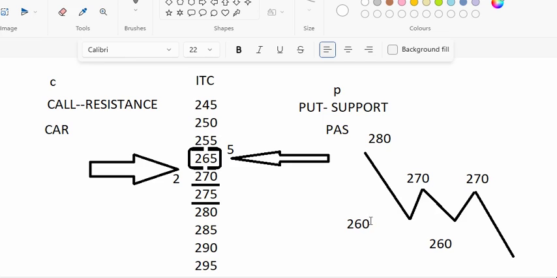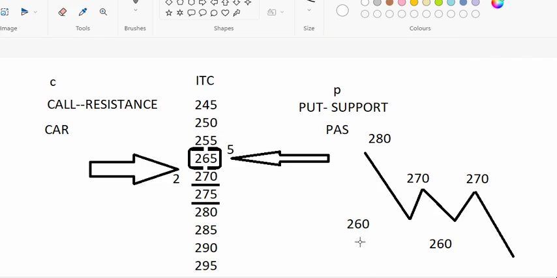But why did it reverse from 260? Because there were more buyers, there was more support at 260 compared to what was in between. When this stock was coming down from here, there was no support like this. The support was not as strong as the call side resistance.